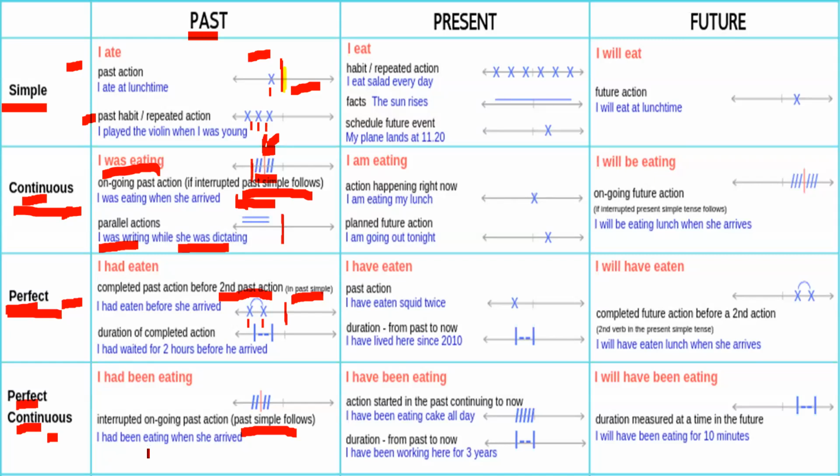I had been eating when she arrived. Also, this is an event of a longer duration that happened in the past, and another action interrupted this event, which is continuous or of a longer duration in the past, and the second event, or this interrupting event, should be written in past simple.